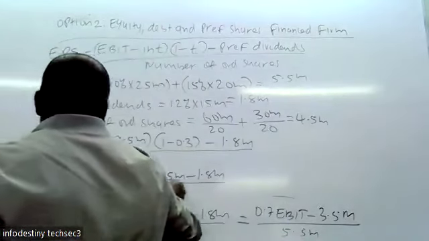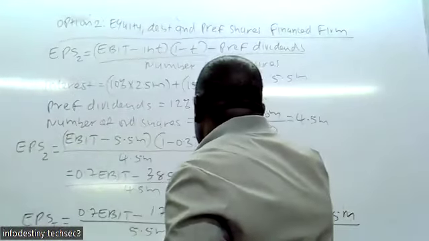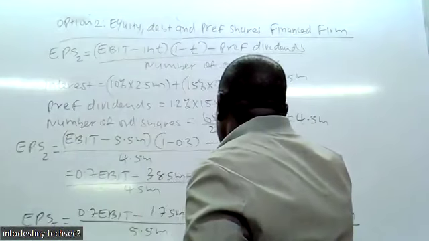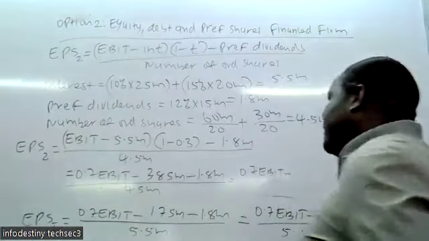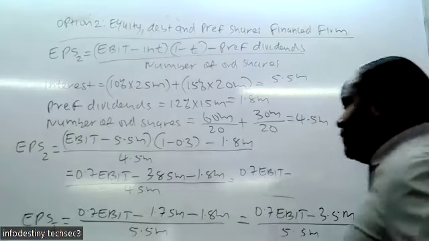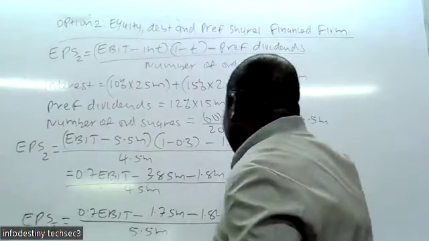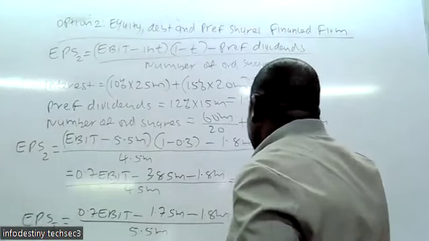So when you finally simplify it, it should be 0.7 earnings before interest and tax minus 3.85 minus 1.8. So 5.65. So also divide by 4.5.